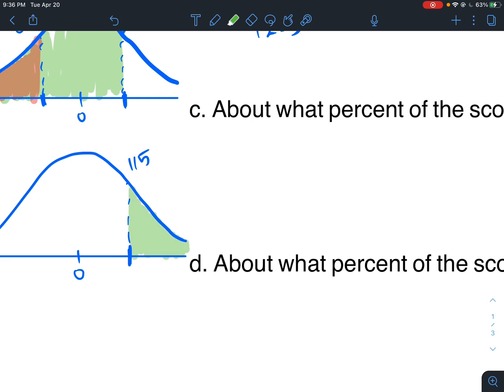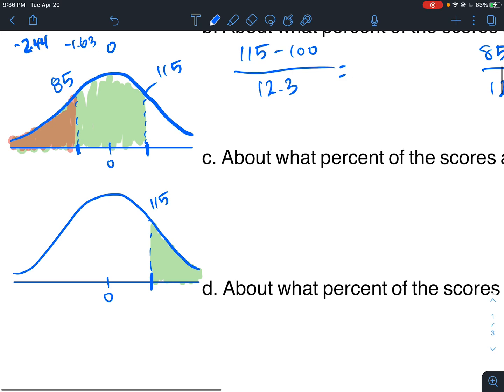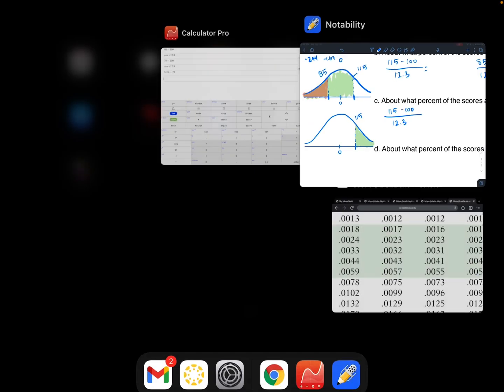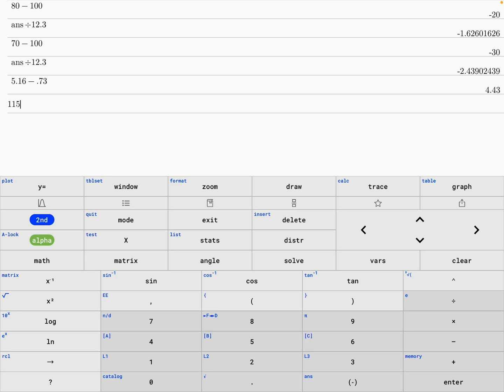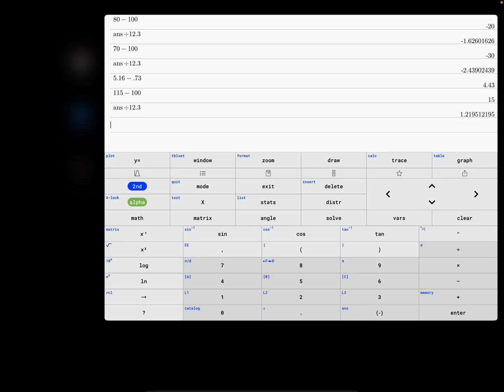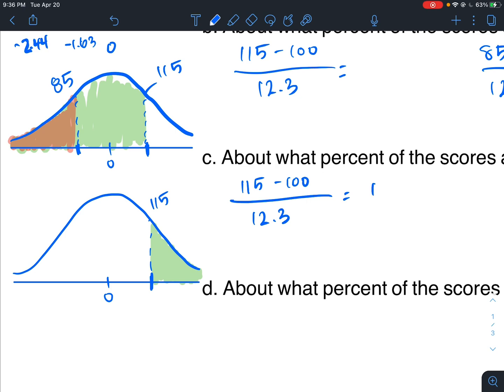Let's find the z-score first for 115. So 115 minus 100 divided by 12.3, so I get 1.22. So that's my z-score, 1.22 standard deviations away.